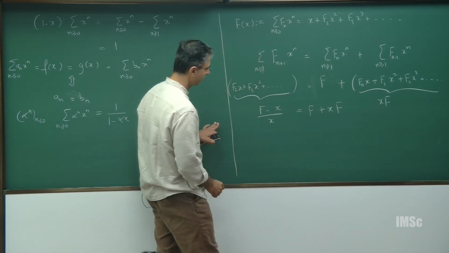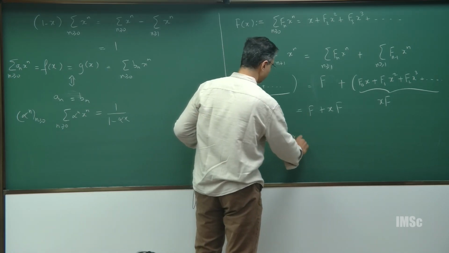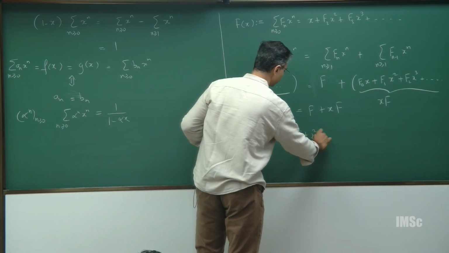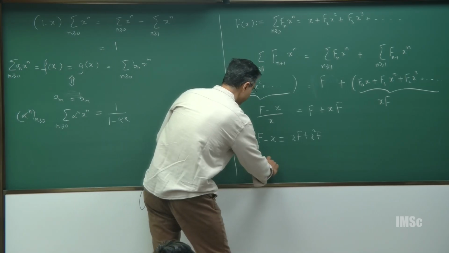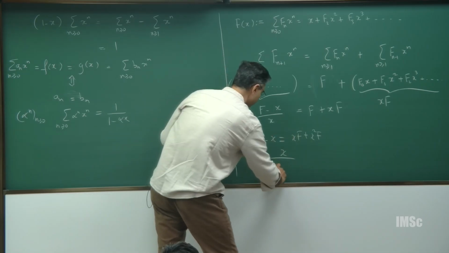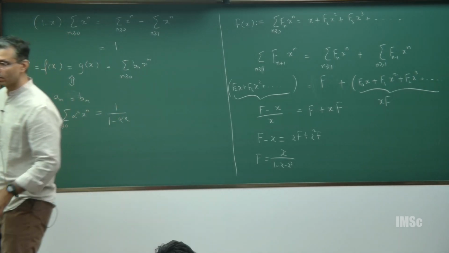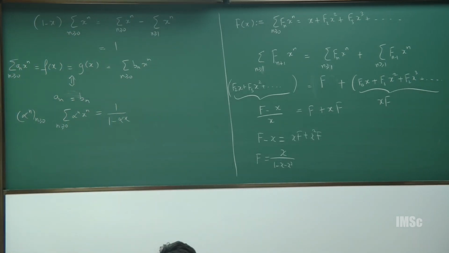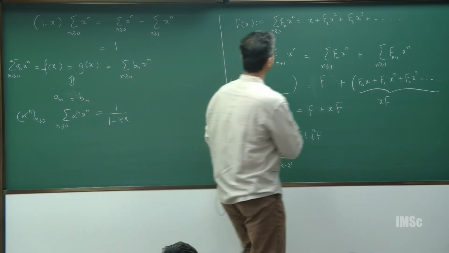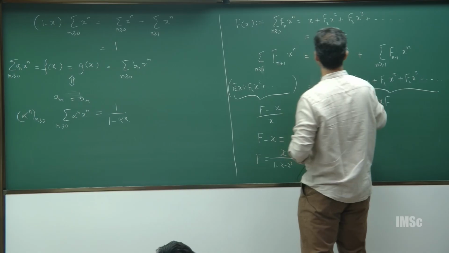What will we get? f minus x is x times f plus x square f. So, f is x upon, so move this side, okay. So, we have a closed form expression for f, right, that this is equal to x upon 1 minus x minus x square.